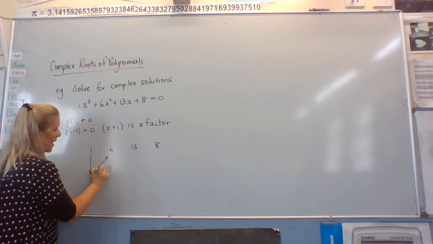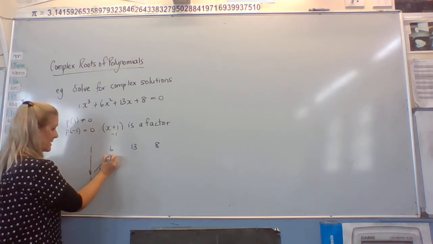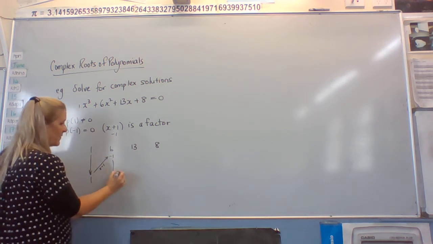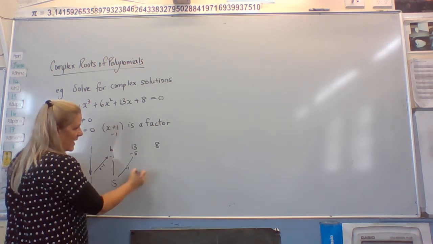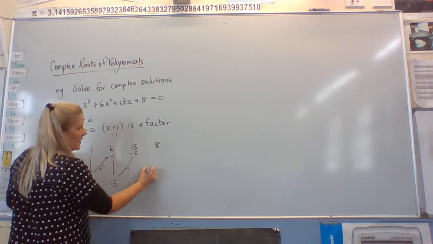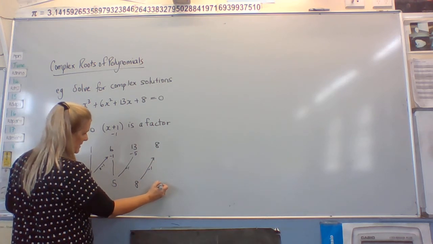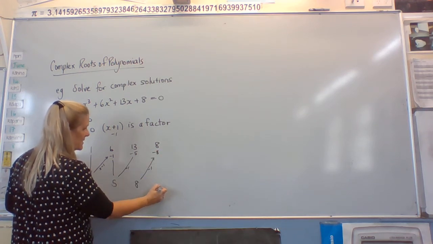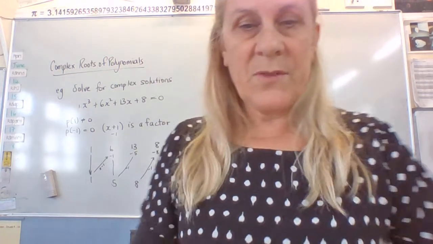So we've got this one, negative 1 here. Negative 1 gives us negative 1, add those together gives us 5, times that by negative 1 gives us negative 5, add those together gives us 8, times that by negative 1 gives us negative 8, which gives us 0. Which is interesting because we didn't really want 0.